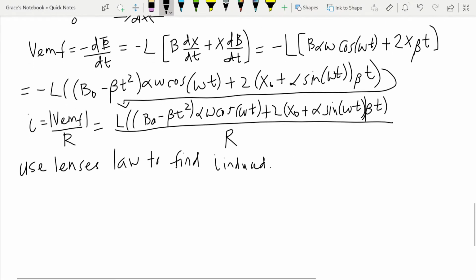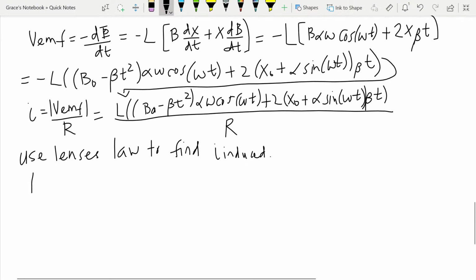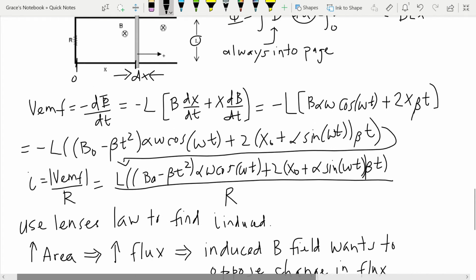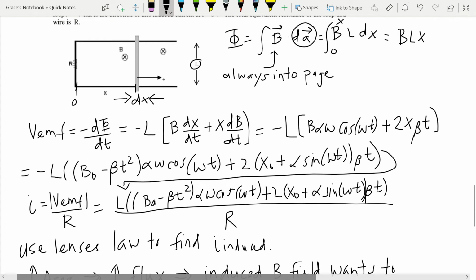So we're going to use Lenz's law to find the direction of the induced current. So the area is increasing, which means the flux is increasing. And we know that the area is increasing because it's x naught plus alpha sine omega t, and when t is 0 plus, then x of t increases.